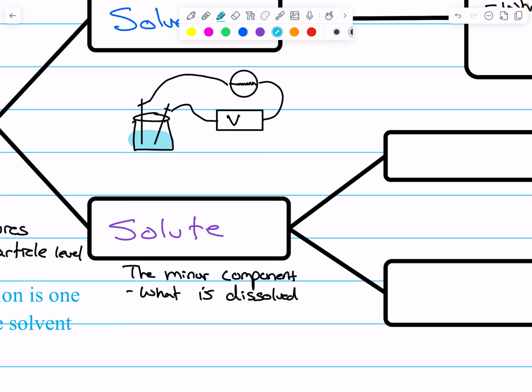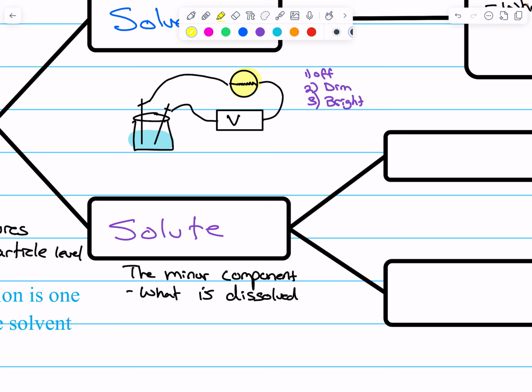The light bulb can be off, it could be dim, or it can be bright. Those are your three options. It can conduct not at all, conduct poorly, or conduct well.